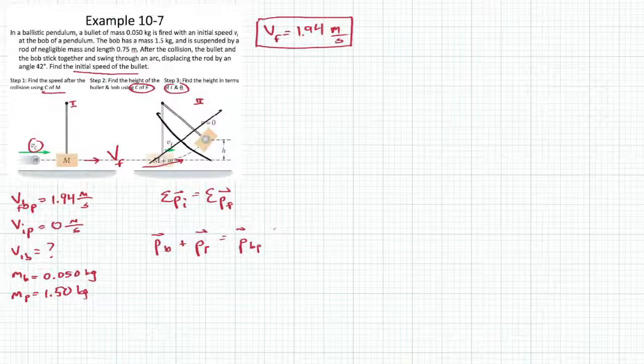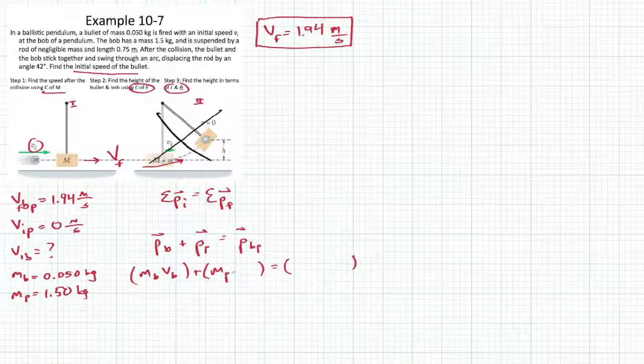We can break that down into mv. So the mass of the bullet times the velocity of the bullet plus the mass of the pendulum times the velocity of the pendulum equals the mass of the bullet and the pendulum times the velocity of the bullet and the pendulum. That's our conservation of momentum right there.